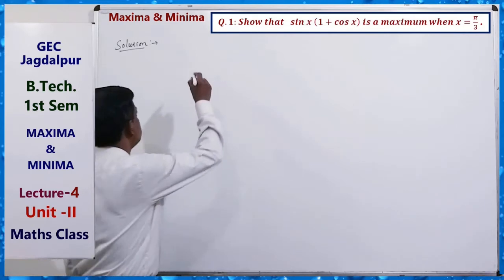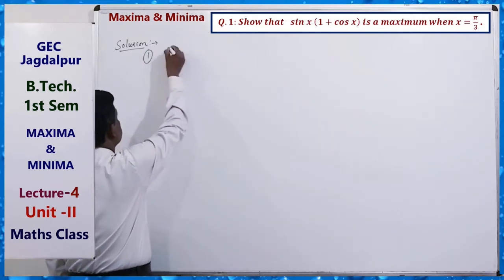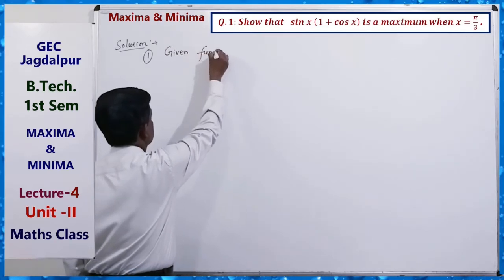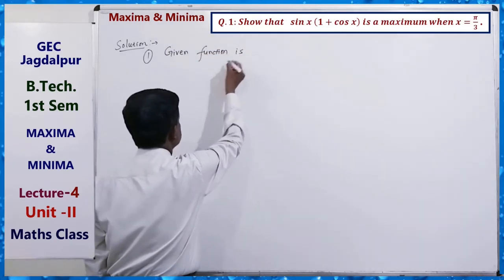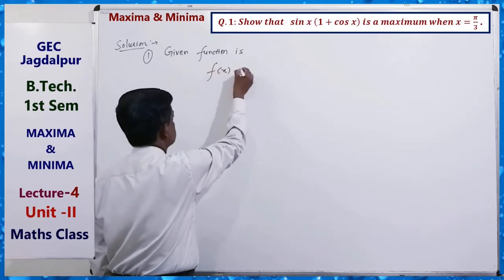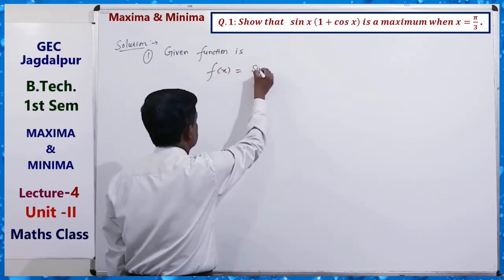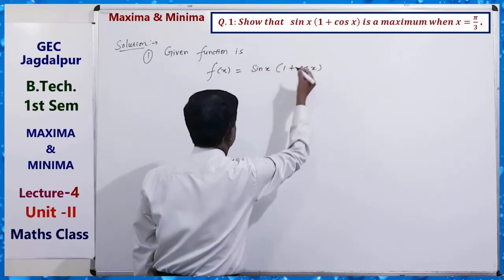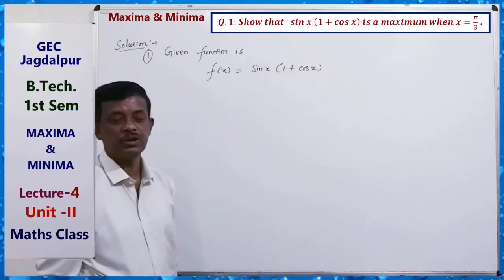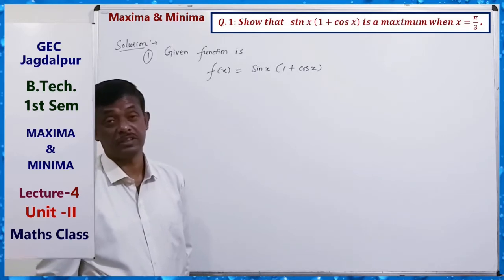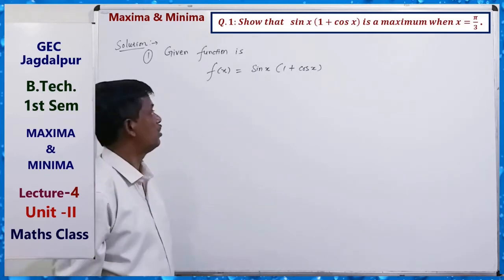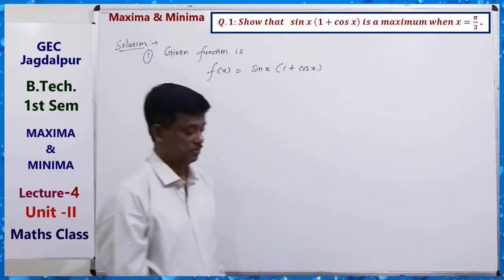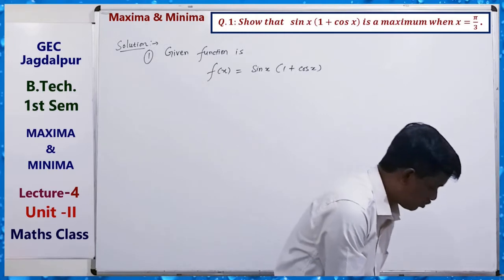So we have to test here. Question first. Given the function f(x) equals sin x (1 plus cos x), we have to show that at x equal to pi by 3, at that point this trigonometric function is maximum. Okay, at pi by 3, just we have to show.